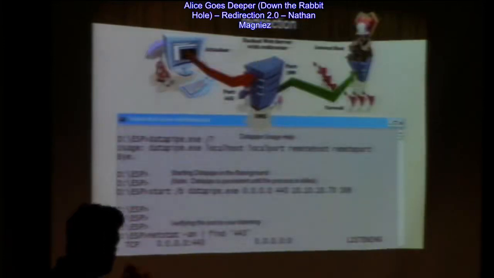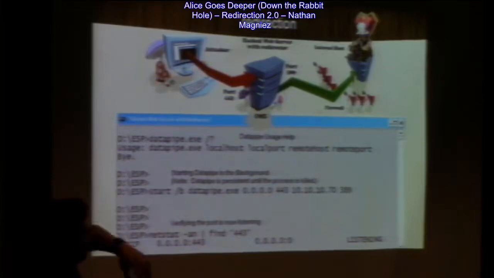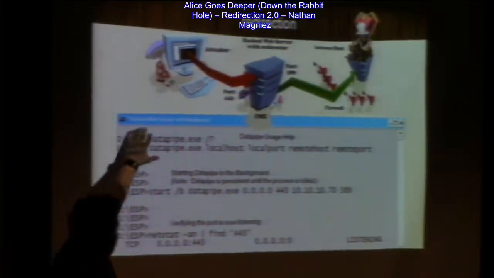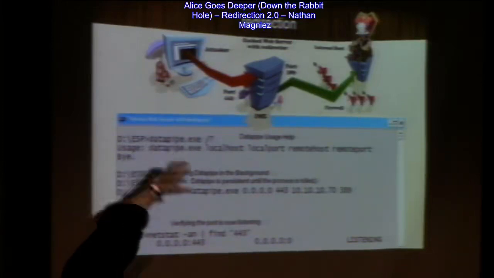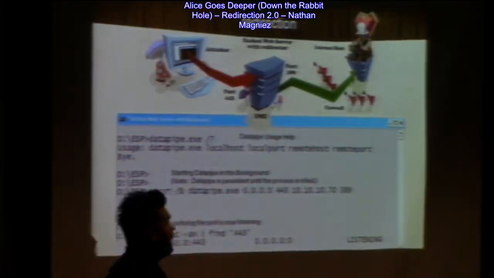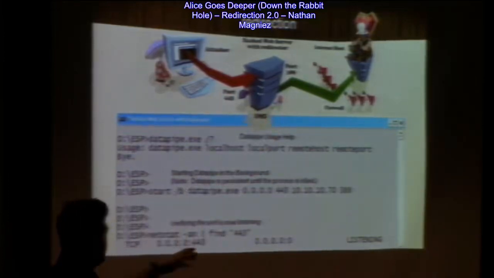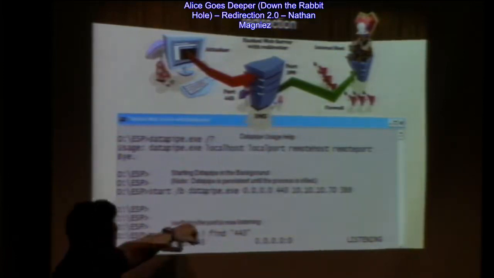So in redirection, here's what it would look like from the command line in that same situation that we just had. So we have a hacked web server. I know it's a little small font up there with redirector. This is our back door onto this box. I put up my tool set. I go ahead and run DataPipe and tell it to do exactly the same thing. Start /B, start it in the background.